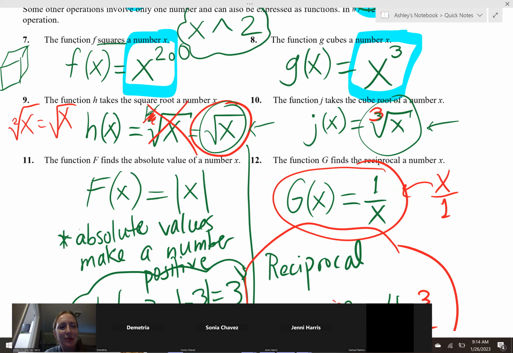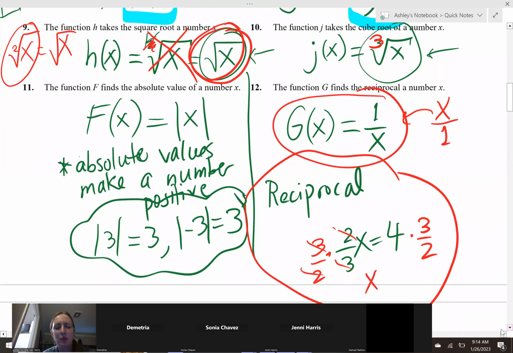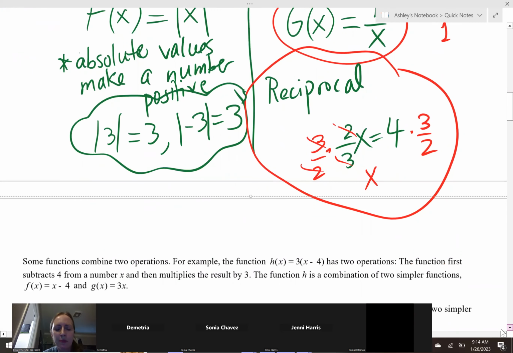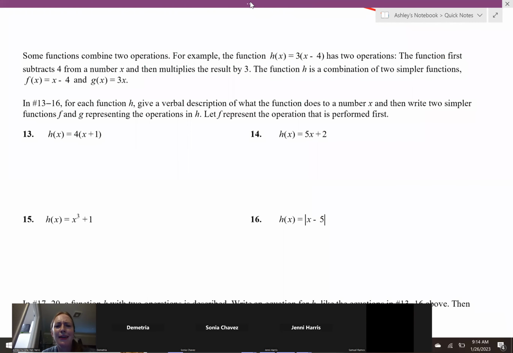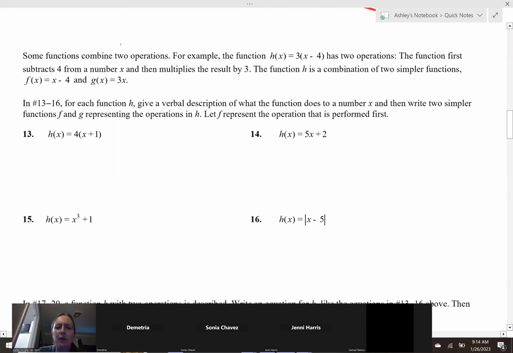It's just to remind us that it's technically supposed to be a 2 there, but we never write it. We just assume that it's a 2 if there's nothing there. It doesn't seem like it would be much harder to put a little 2 there every time, but I guess someone said, I don't feel like writing that 2 anymore, so when there's no number there, it's a square root.